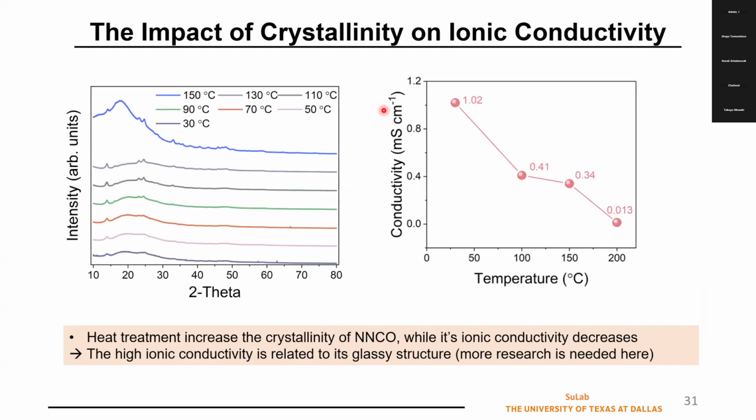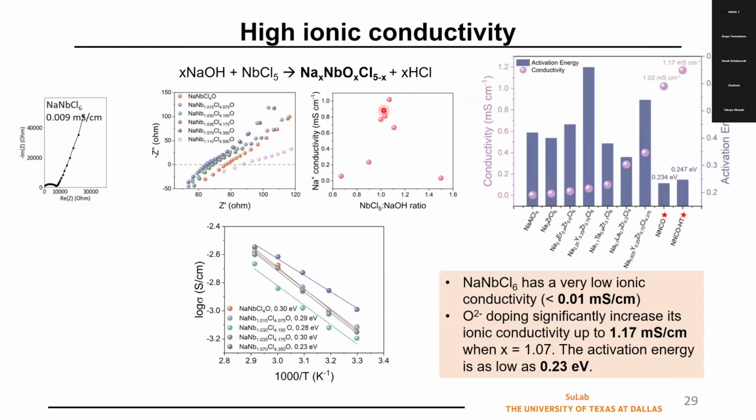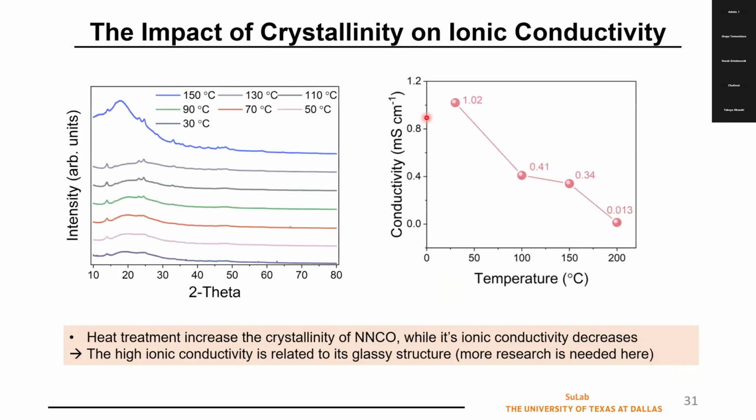When doping takes place, how does the glass transition temperature decrease? I'm sorry, I didn't get your question. What is the glass transition temperature of this material?